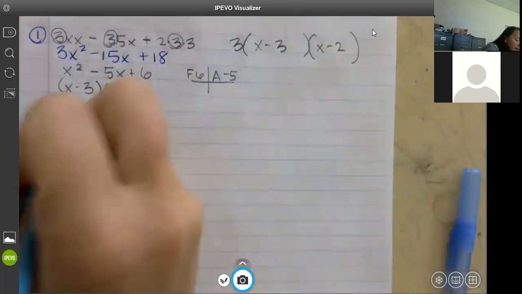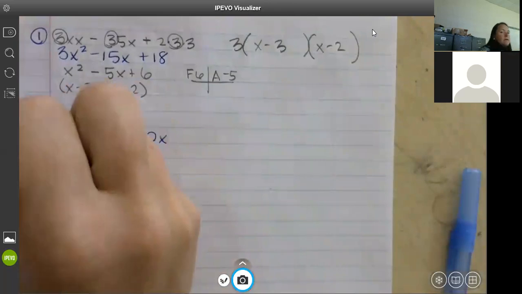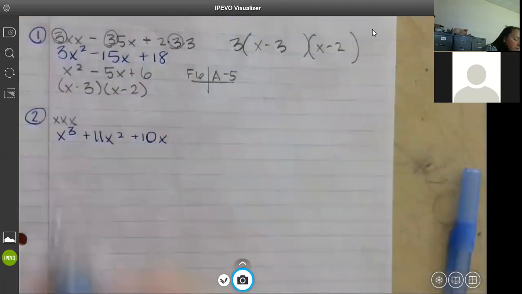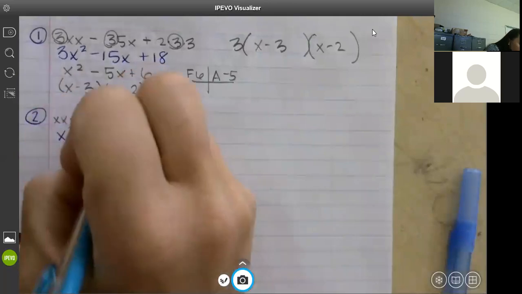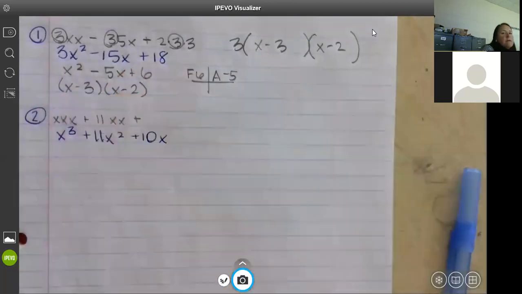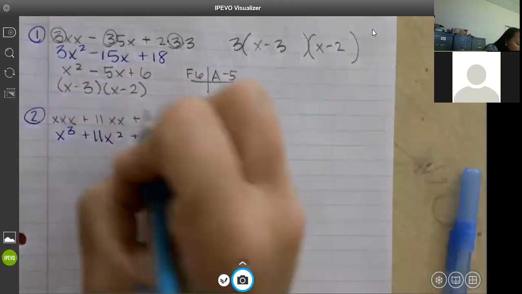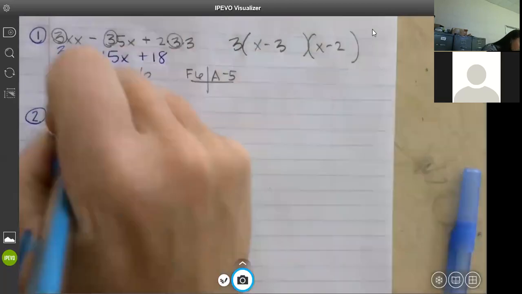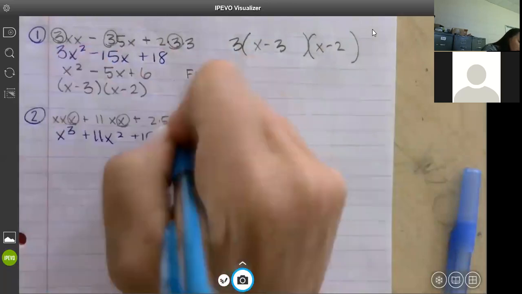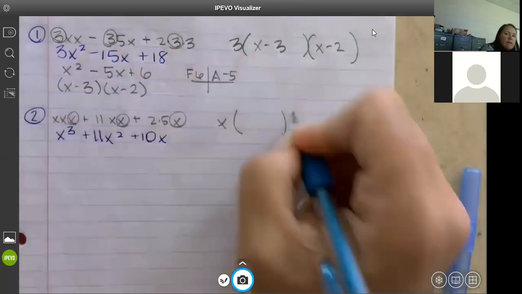If you break this down, x cubed is 3 x's. 11 doesn't break down, but it has 2 x's with it. 10 breaks into 2, 5, and x. What's in common in all three? They all have two x's. Not 2 x's, but one, just one. Yep. So again, I would just write it like this.